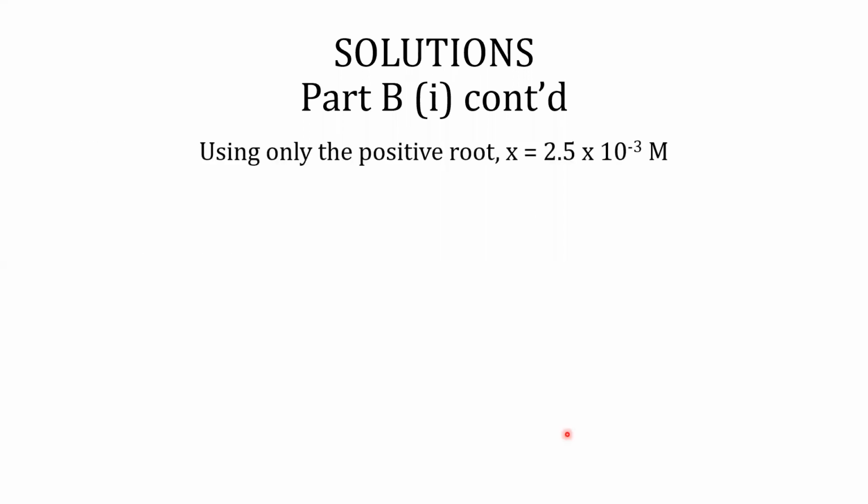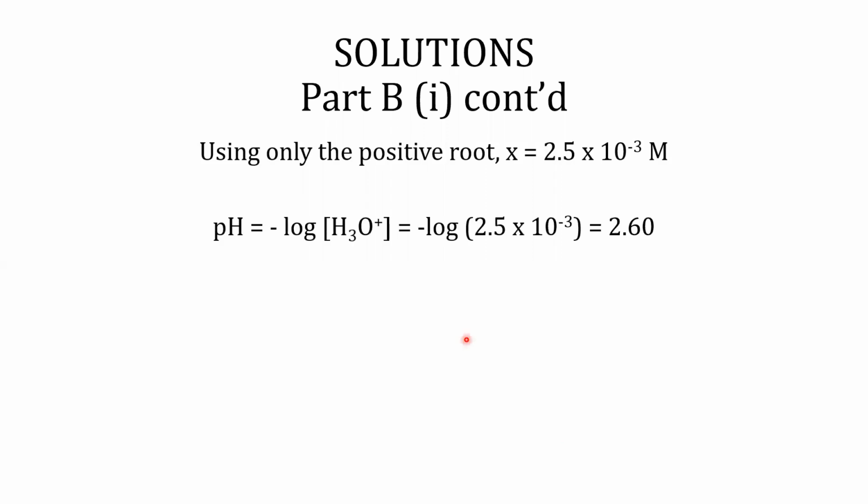Using only the positive root, X equals 2.5 times 10 to the minus 3. The pH of this solution is found by taking the negative log of H3O plus, or the negative log of 2.5 times 10 to the minus 3, which equals 2.60.